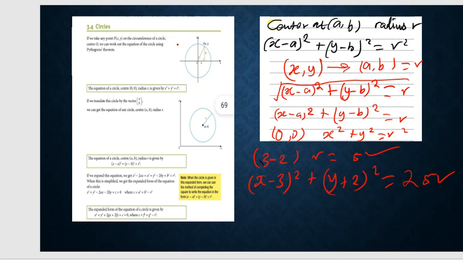It is also used in transformations. Translation affects the center. When you translate a shape or an object, we will look at that later on. We discussed earlier, in IGCSE, lines of symmetry and reflections, the flipping of an object. So all these transformations can be explained using a simple equation of a circle.